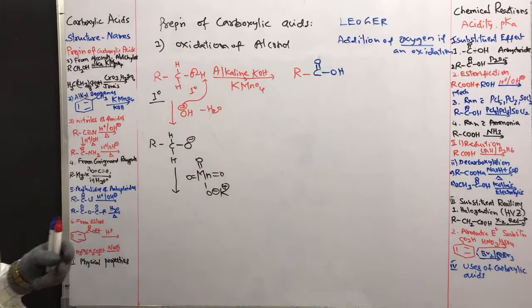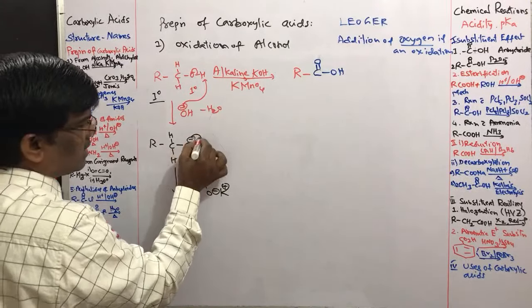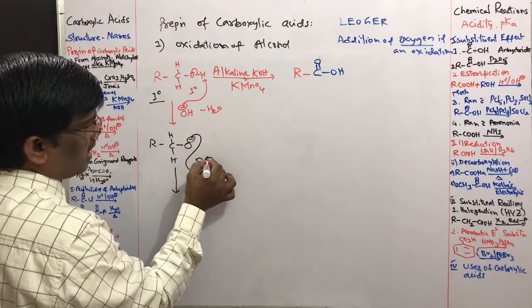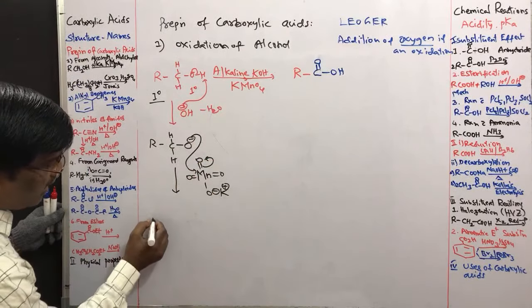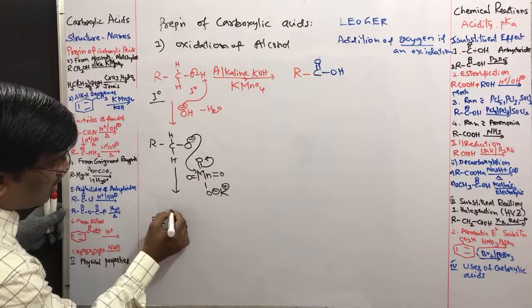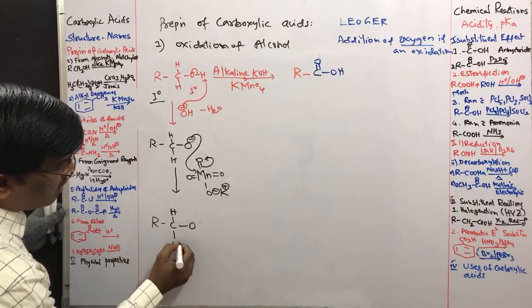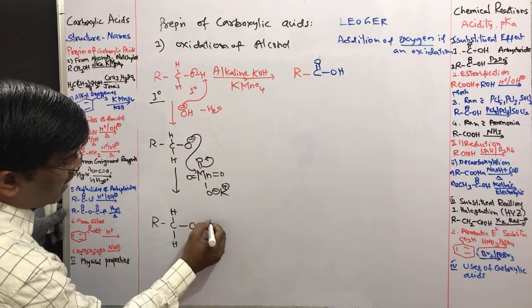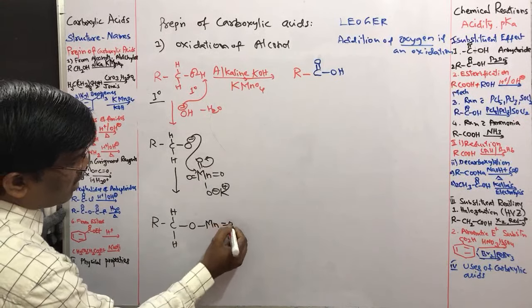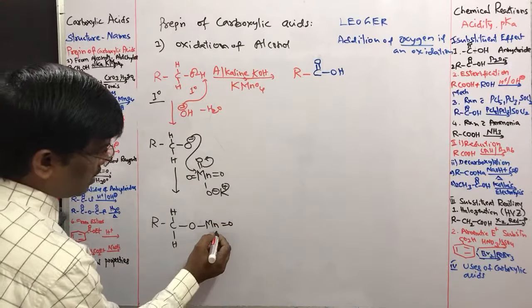And this KMnO4 comes and adds here to give an intermediate with C, hydrogen here, O, and this hydrogen is here, manganese. This mechanism is very, very important, students.